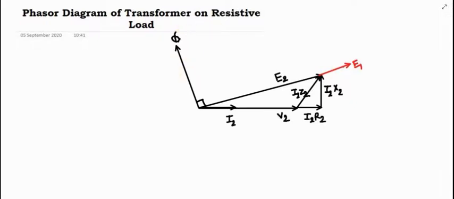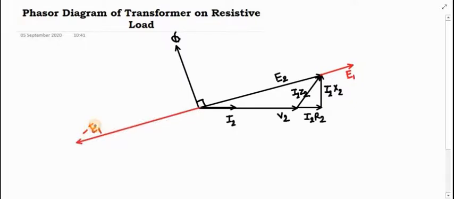Now what will I do? Finally we have to add minus E1 to I1 R1 and I1 X1 to get the impressed voltage V1. For that purpose I will take a vector which is in anti-phase with your E1. So I will draw this as minus E1.